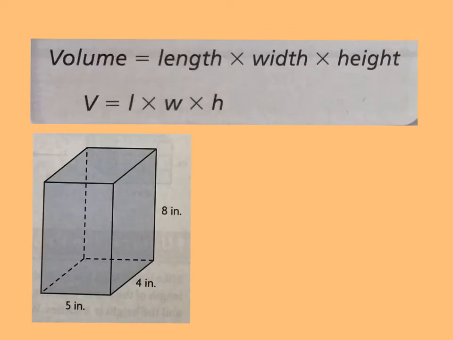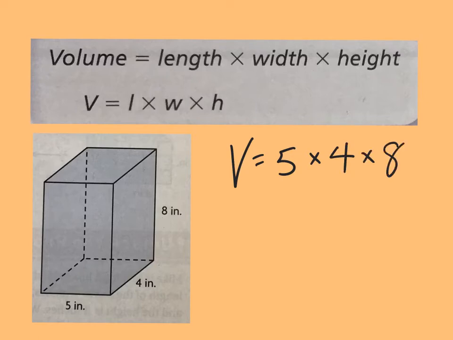So go ahead and use what we know to solve this problem. What is the volume of this rectangular prism? Volume equals the length times the depth or width times the height.